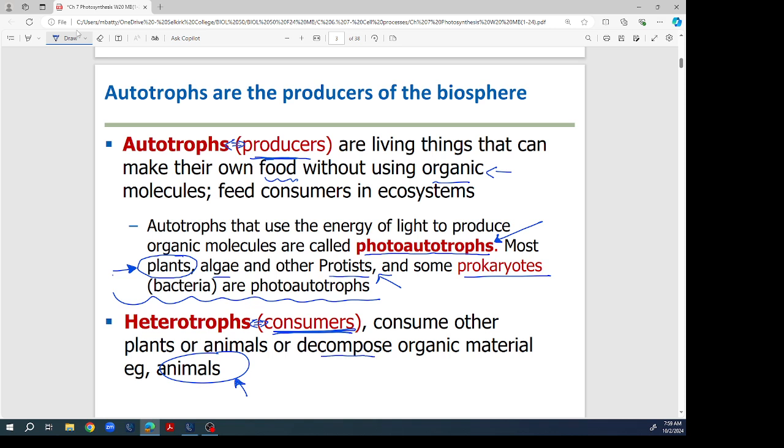But if we think of all the things that are decomposing, we could think of mushrooms, lots of other things that exist in your compost pile. Those are other examples of heterotrophs. So like I say, we can focus on the main ones, but just broadening your understanding, there are other things that work in these ways.